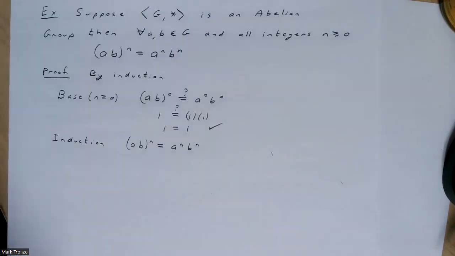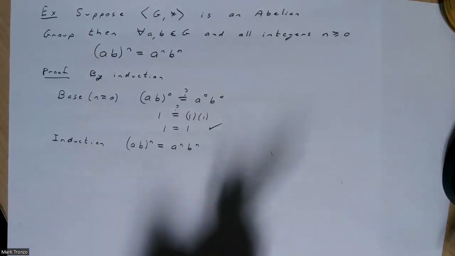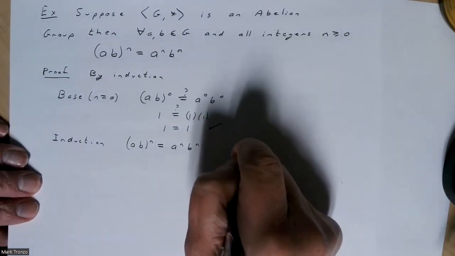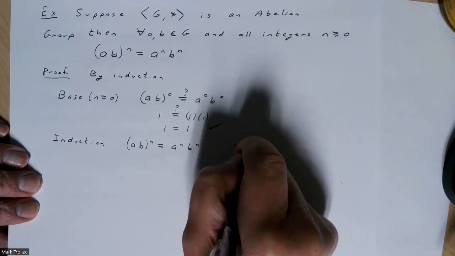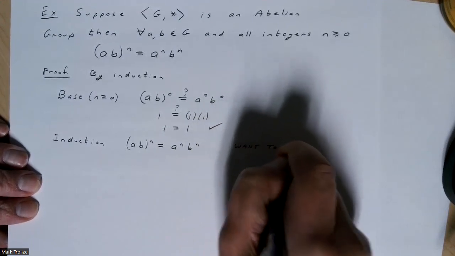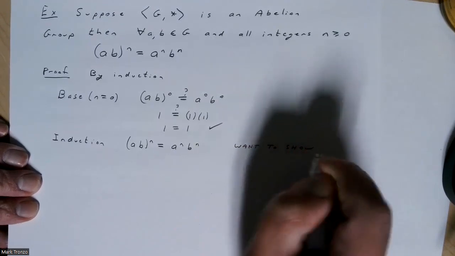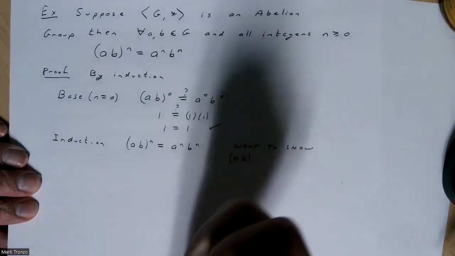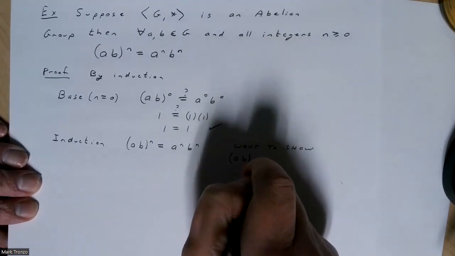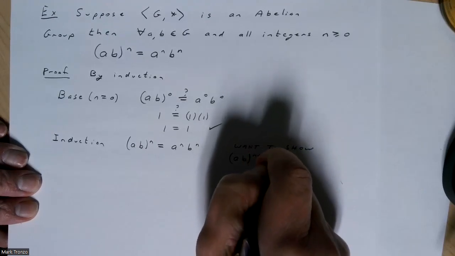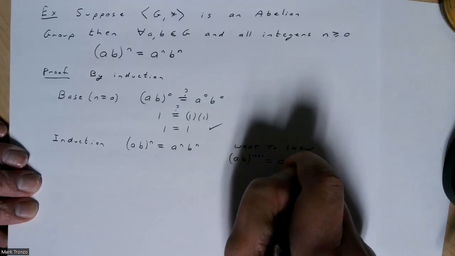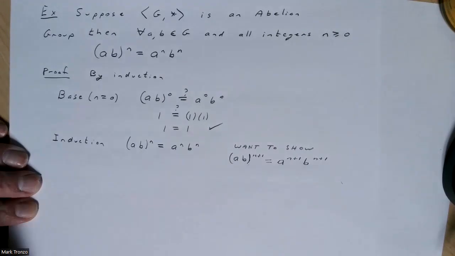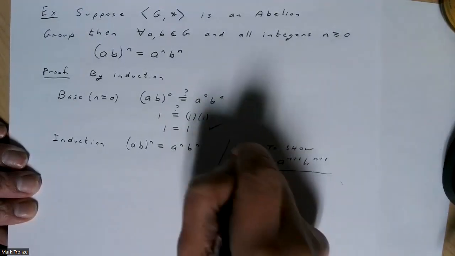So what do we want to show? It's always good to keep that in the back of our mind. We want to show (AB)^(n+1) is equal to A^(n+1) B^(n+1).